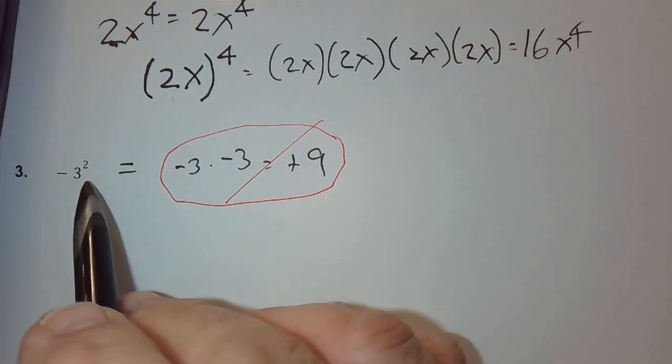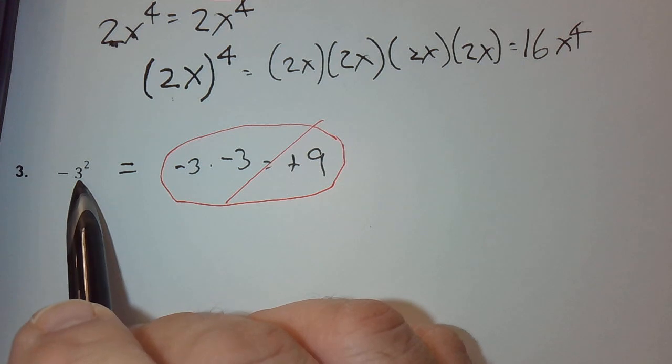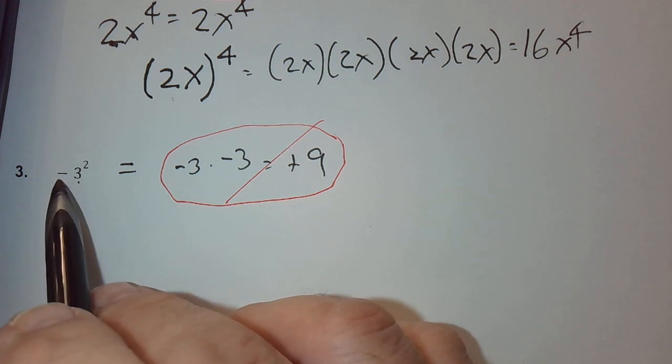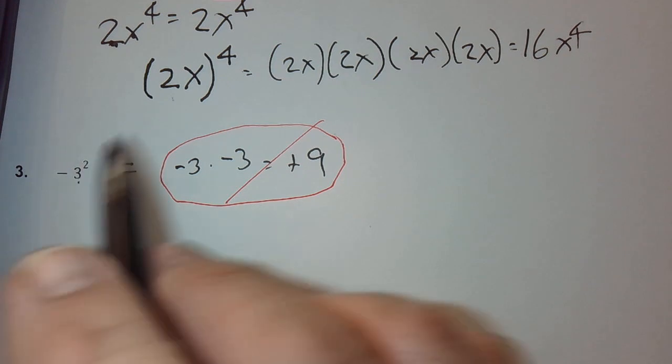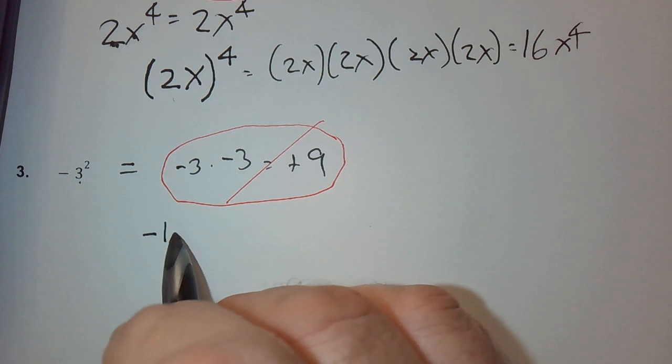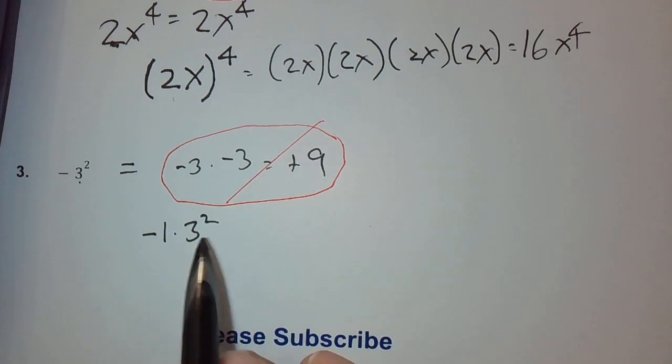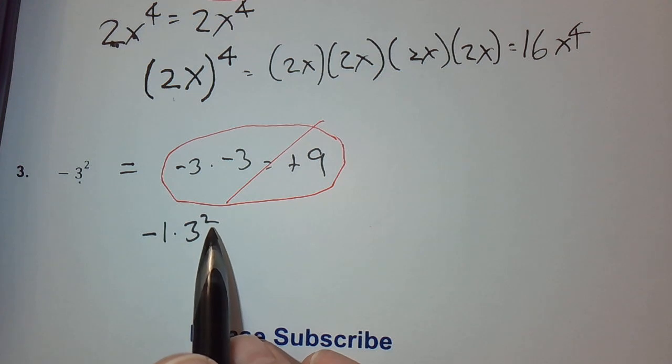This, again, we call that the base. 3 is the base, 2 is the exponent, and the negative in front is the coefficient. Think of it as -1 times 3 raised to the squared power. You can say squared in this case because it's a 2.